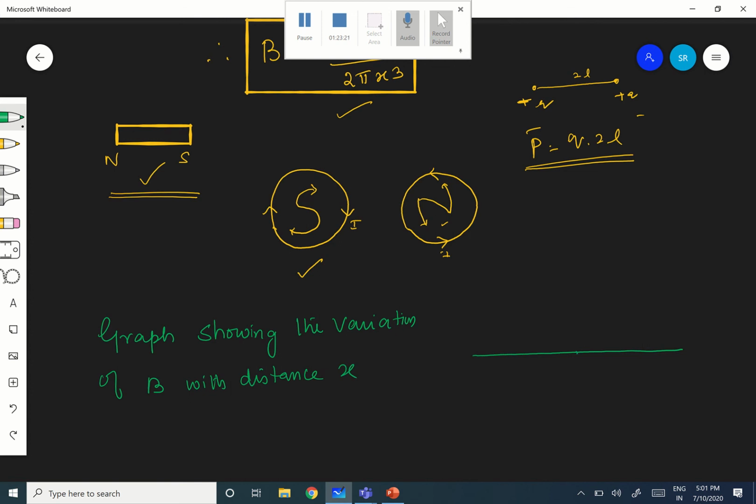Here is O. What is O? The center of the coil. This is the positive x direction, and this is the negative x direction.